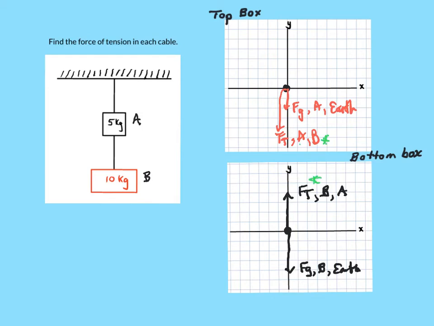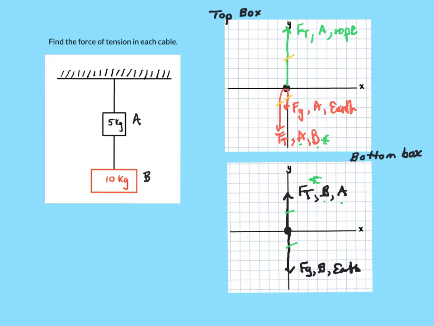Force of tension of A on B, force of tension of B on A. So those are the same size. And then I'm going to need a force of tension, okay? A bigger one here on A from the rope or the cable, okay? And I would say that these are equal in magnitude, and perhaps you can see that this one and this one are equal in magnitude to that single one.